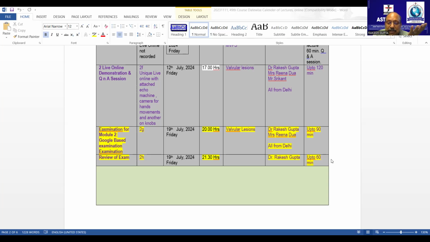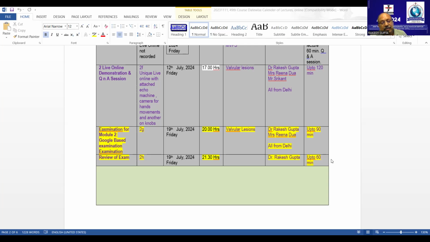The advanced course is only for 4 days, all live demonstration. Like suppose I'm showing you aortic stenosis, I'll show you all the points of aortic stenosis, including GLS, including transvalvular rate, including acceleration, ejection time.